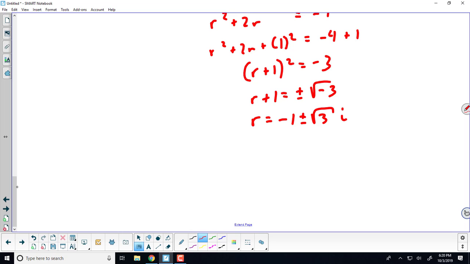So the last piece of that pie when we were looking at the discriminant was, what do we do when we get a negative discriminant? I'm just going to give you the answer now so we can have a solution to this problem, but then we'll spend some time looking at why that is the answer.